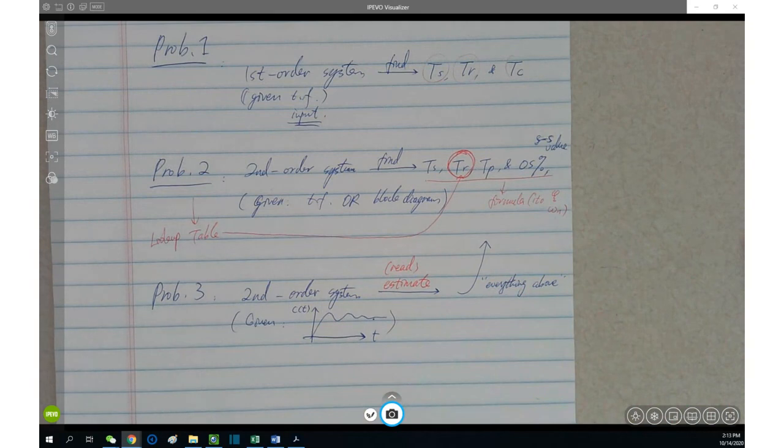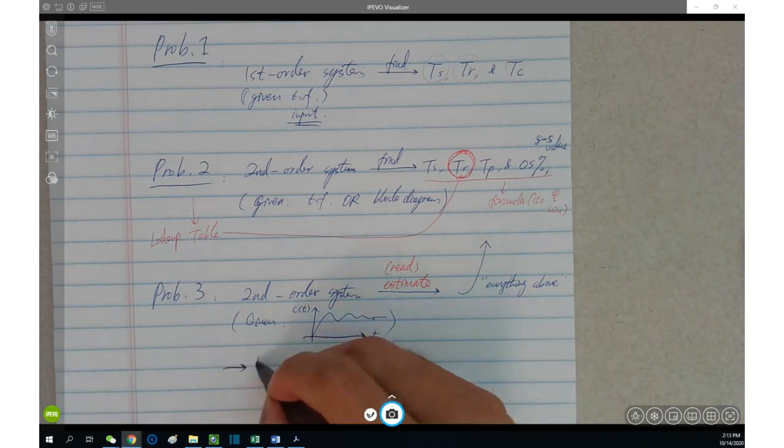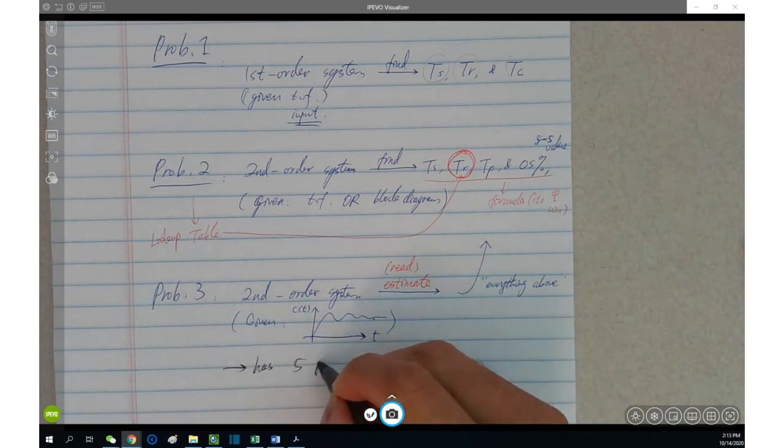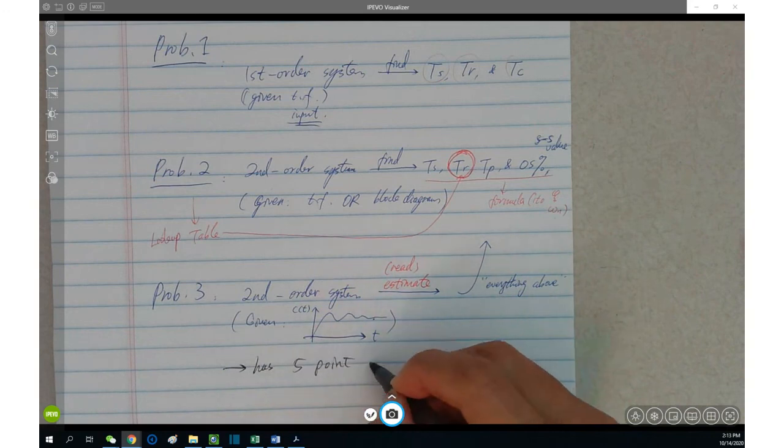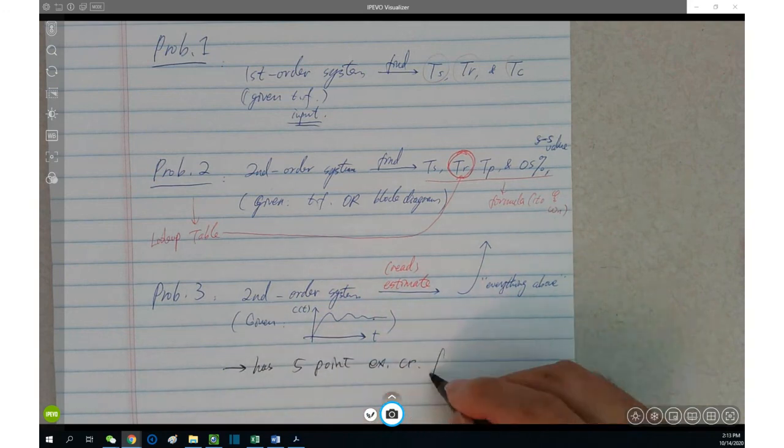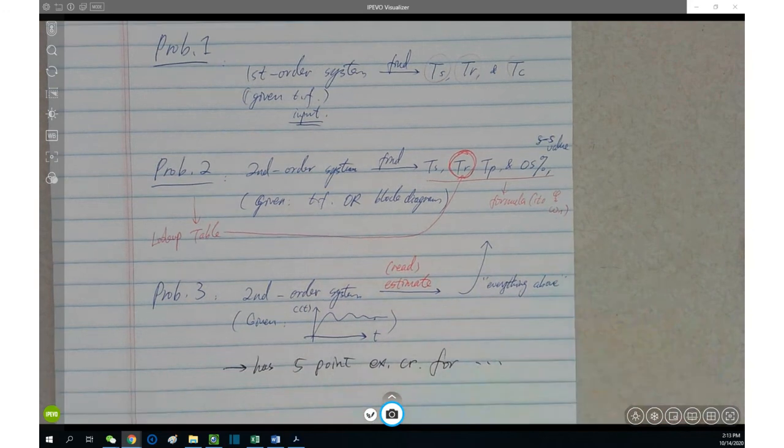So you're talking about a second order system, given the output signal graph. And this problem has 5 points extra credit for something, which I won't tell for now.